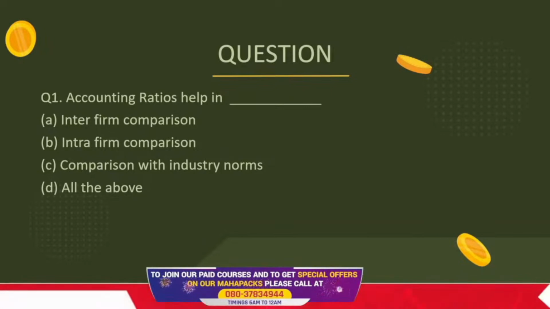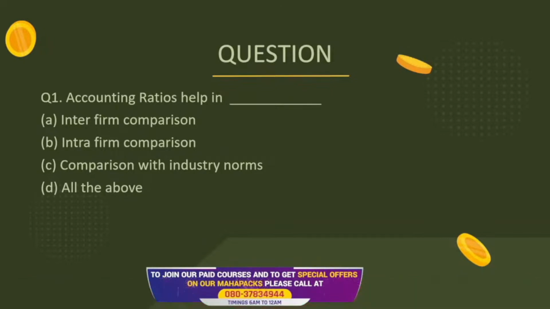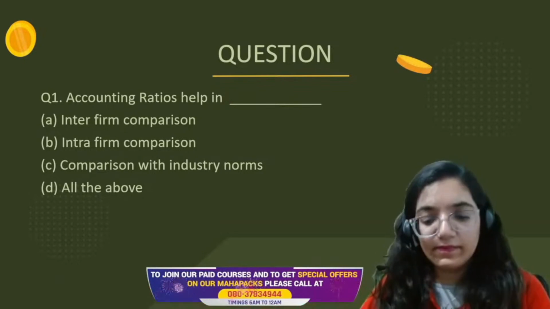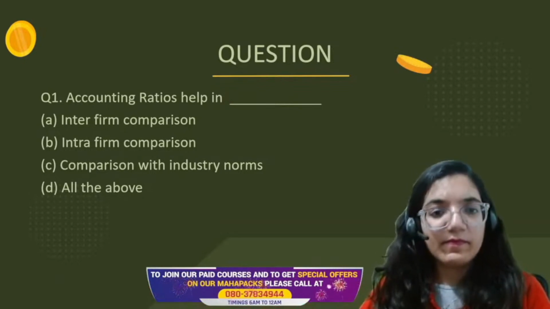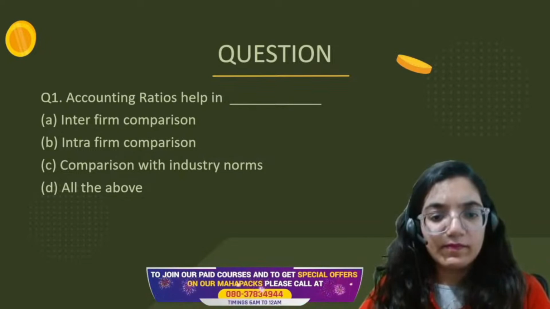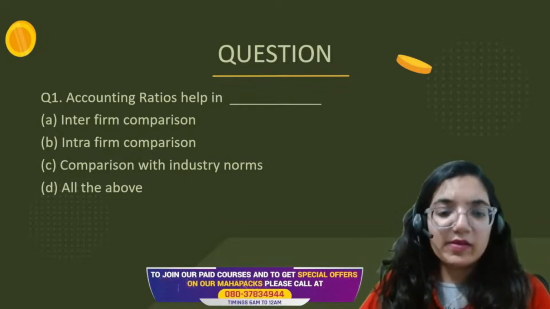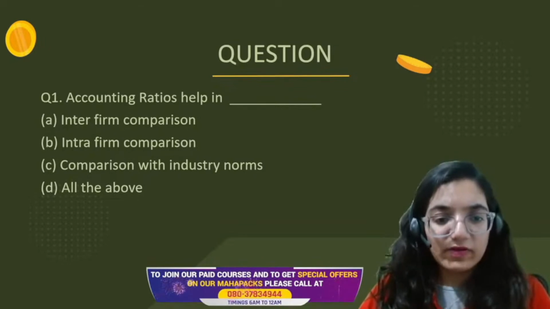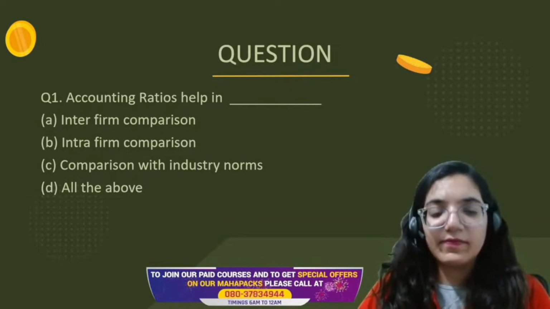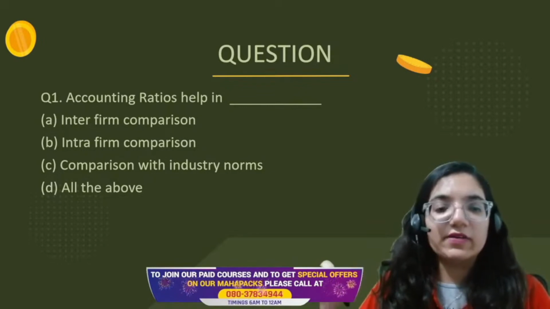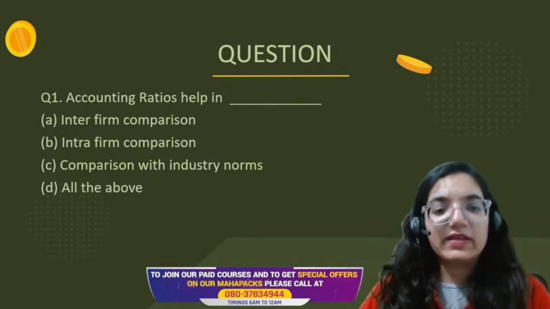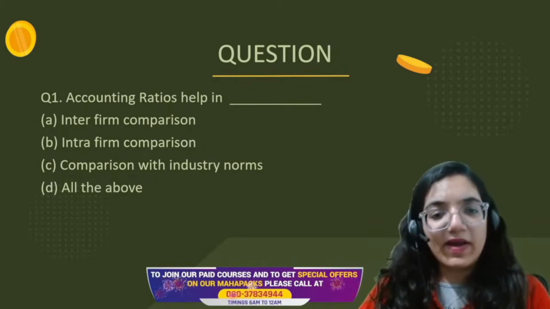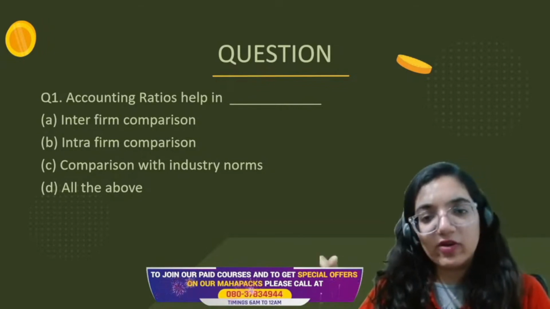The basic purpose of accounting ratios is that it is a part of the interfirm comparison. It is basically intrafirm or comparison within the industry norms, or all of the above.